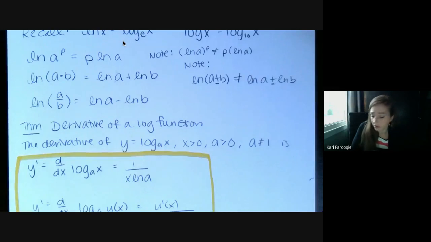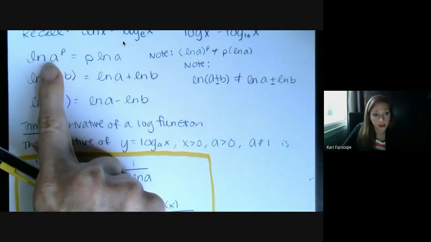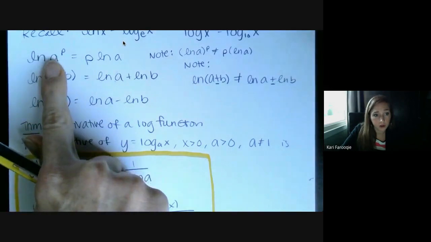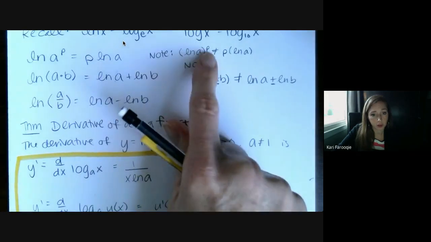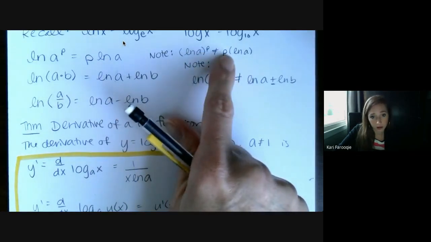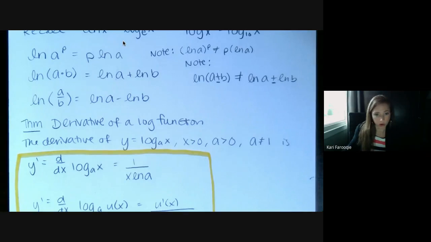So this only works if the p is being applied directly to a, not to the entire logarithm. The parentheses make a huge difference here. So if you see the natural log of a being taken to a p power, you can't bring the exponent down. That rule doesn't work that way. So little warning there, because I think you might be tempted to do that if you see such an expression.